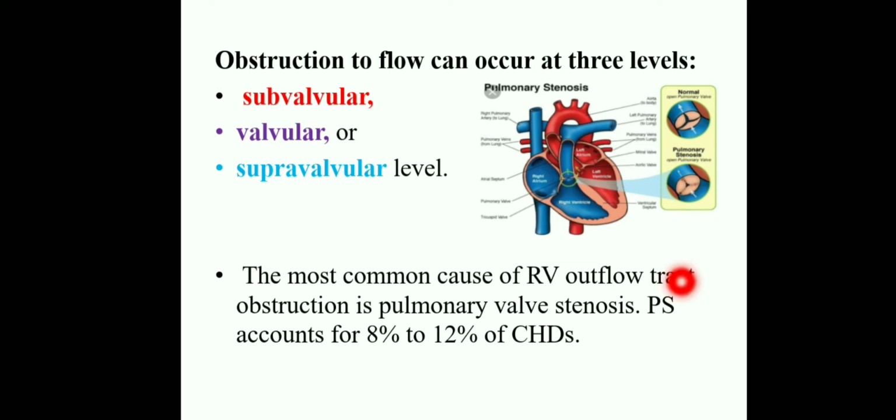This means that percentage of all congenital cases have this condition. Whenever a child is suffering with right ventricular obstruction, we can easily identify that the condition is pulmonary stenosis. Okay, is everyone clear?